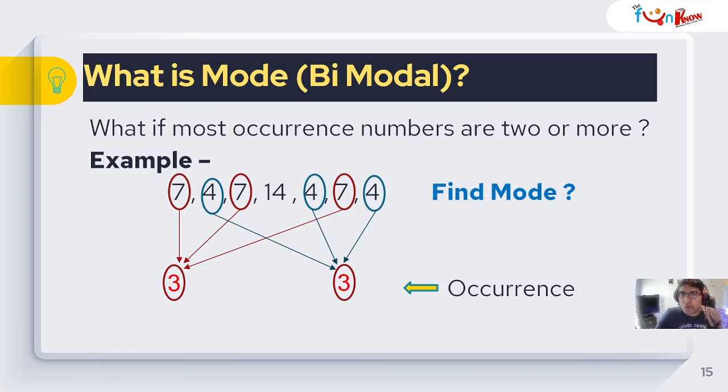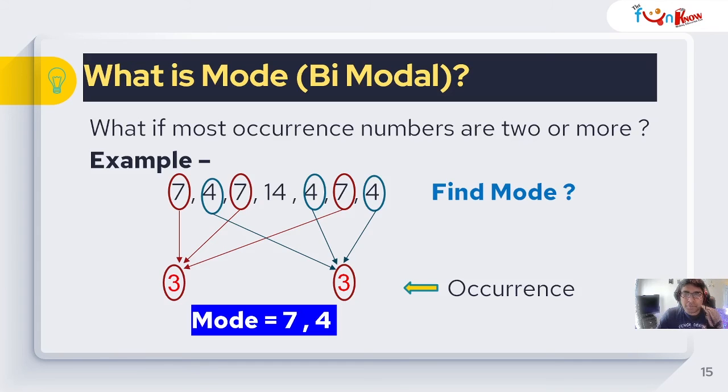So what is the mode of this data? Should we take the average of those two numbers, just like what we did in median? The answer is no. It will be called bimodal data and it will have two modes, 7 and 4. Okay, so is that clear now?